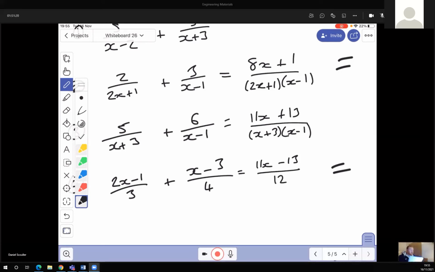So similar practice questions: question 9 on page 34. Adding and subtracting algebraic expressions, that's really the extent it goes to.